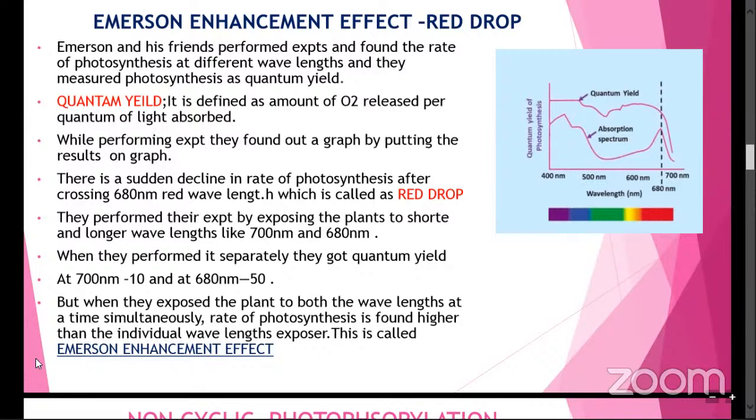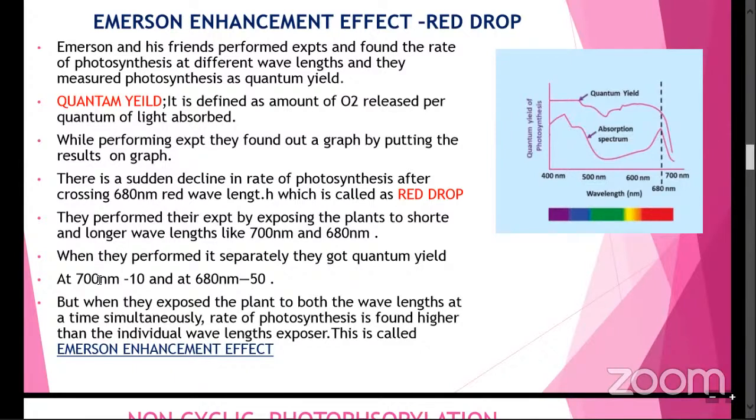That means initially they exposed the plant separately to different wavelengths, and they noted the quantum yields. Afterwards, they exposed another plant to both the wavelengths.